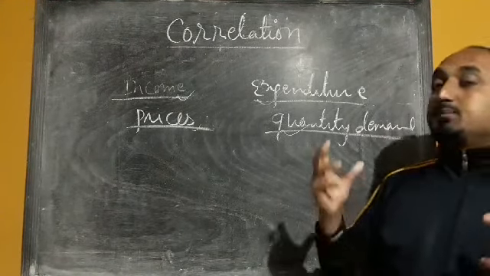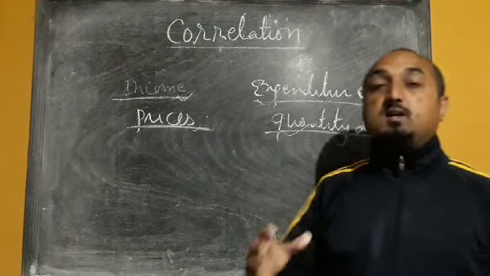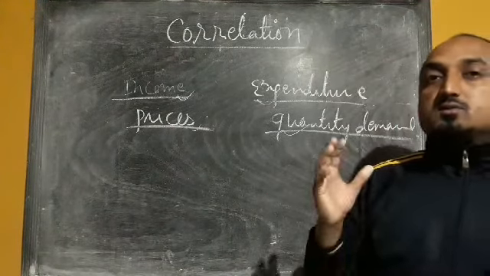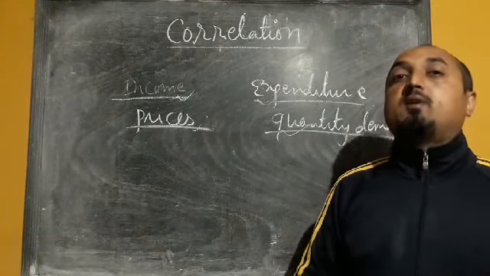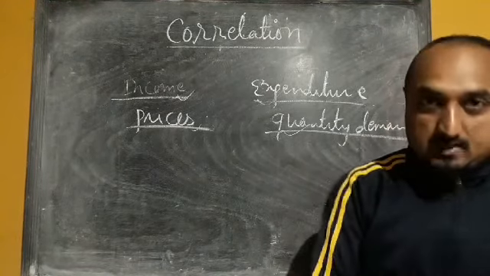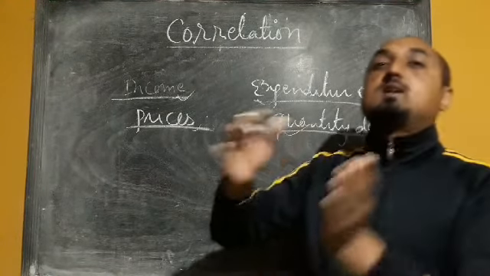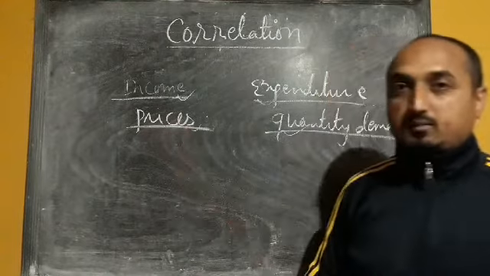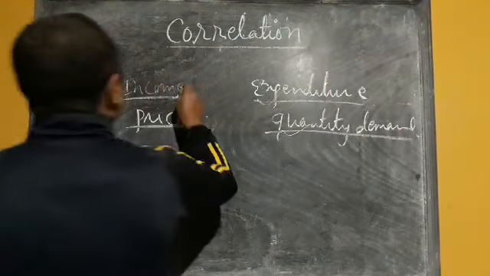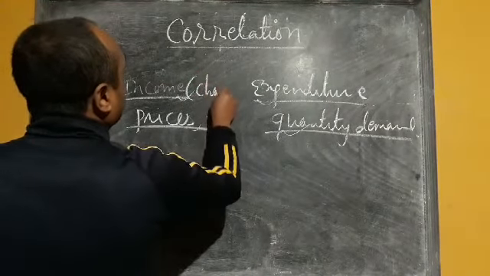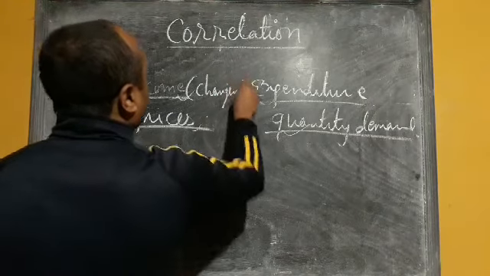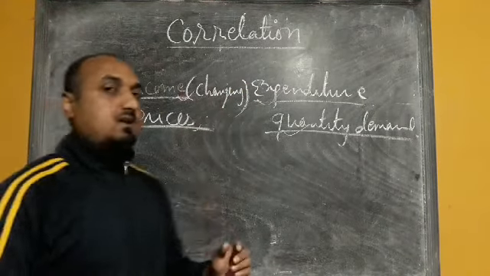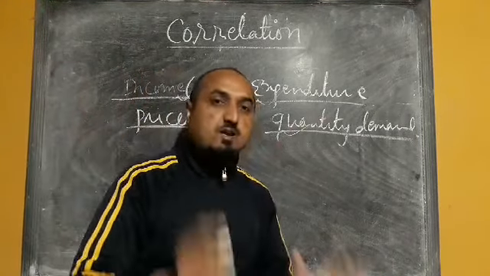Now what is the meaning of interrelated variables? Interrelated variable means when the value of one variable changes, it also changes the value of the other variable. Suppose our income is changing, either increasing or decreasing.